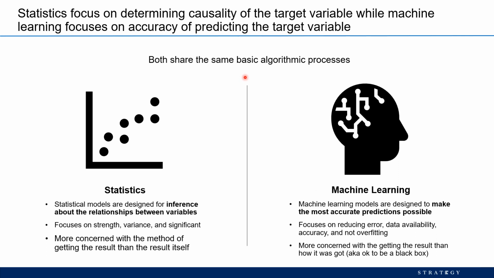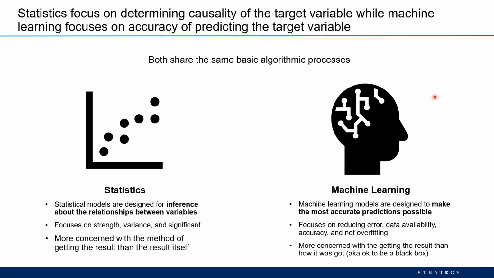Now, the biggest difference between statistics and machine learning is that statistics is focused on knowing the relationship between different variables. It doesn't really care about predicting, rather it wants to know or explain why something happens. That is the main goal of statistics.